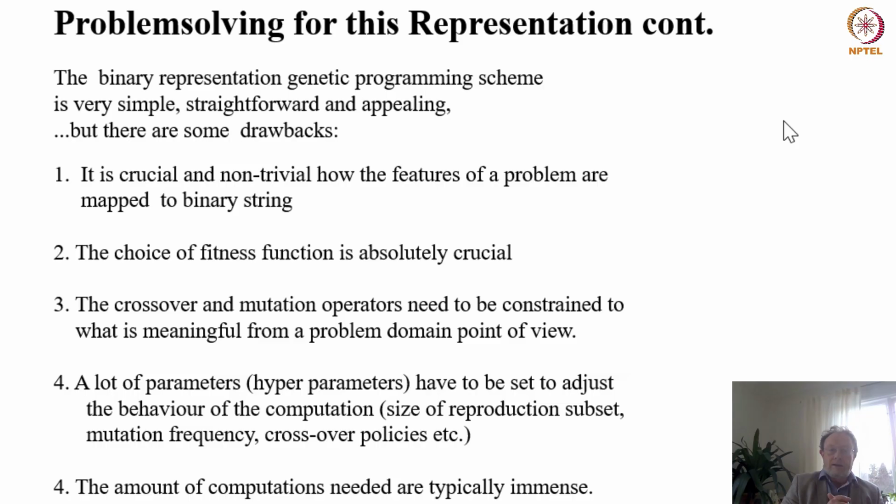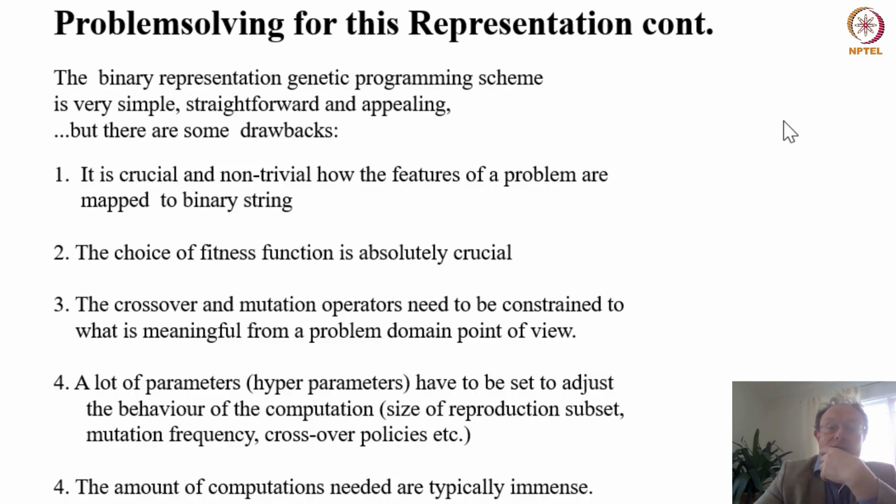And as I already touched on, depending on how the feature values are modeled onto the chromosomes, one may have to restrict the crossover and mutation operators so they cannot produce non-meaningful chromosomes from a problem point of view, a domain point of view.